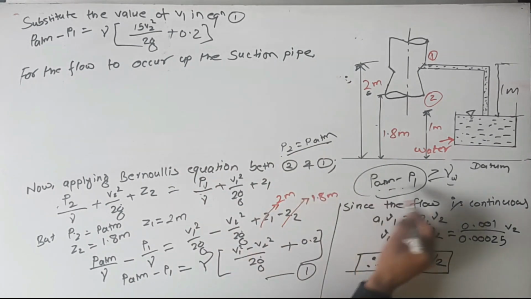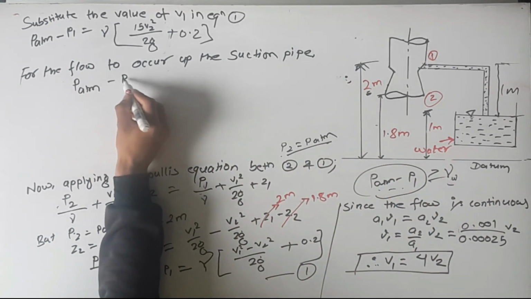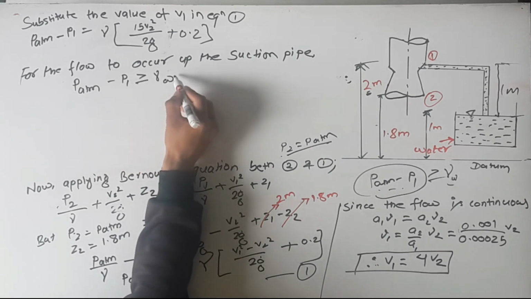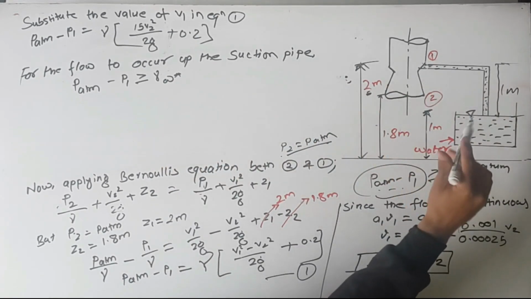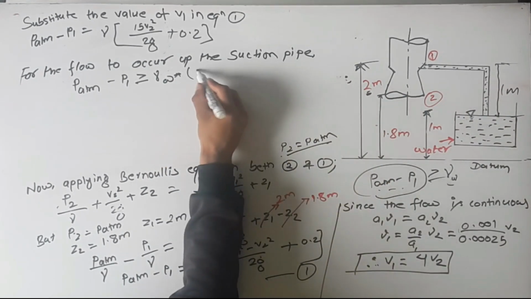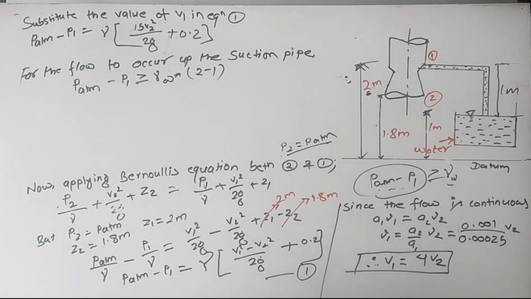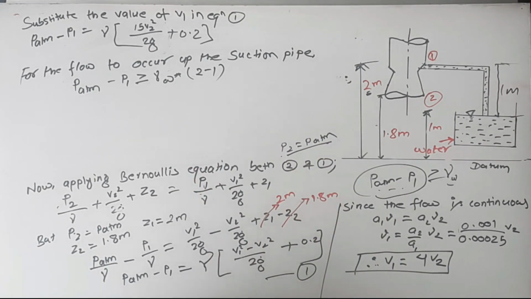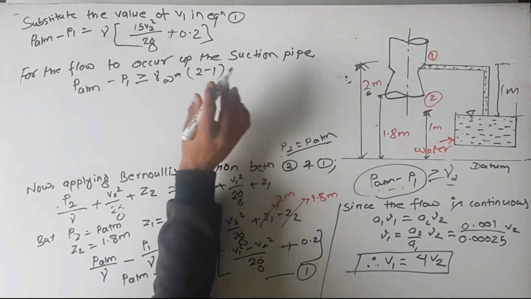We have this condition: it must be greater than gamma W into this height, which is 2 minus 1, that is 1, so no need to write. This gamma only is sufficient. Let it be 2 minus 1 here.